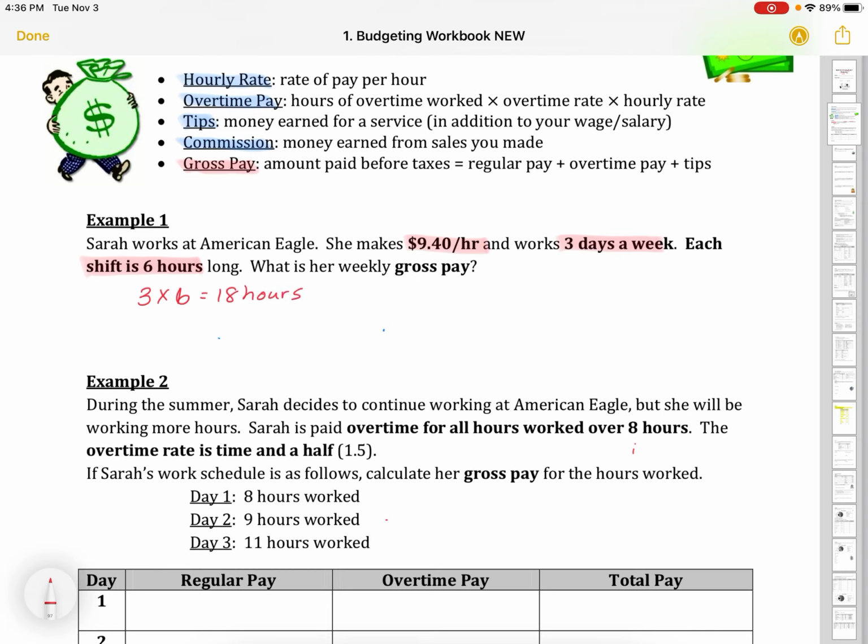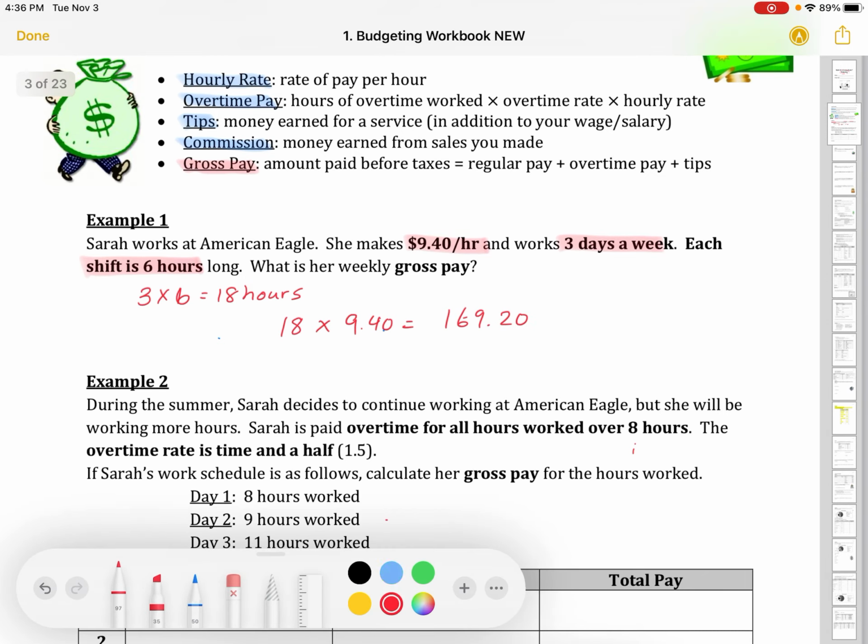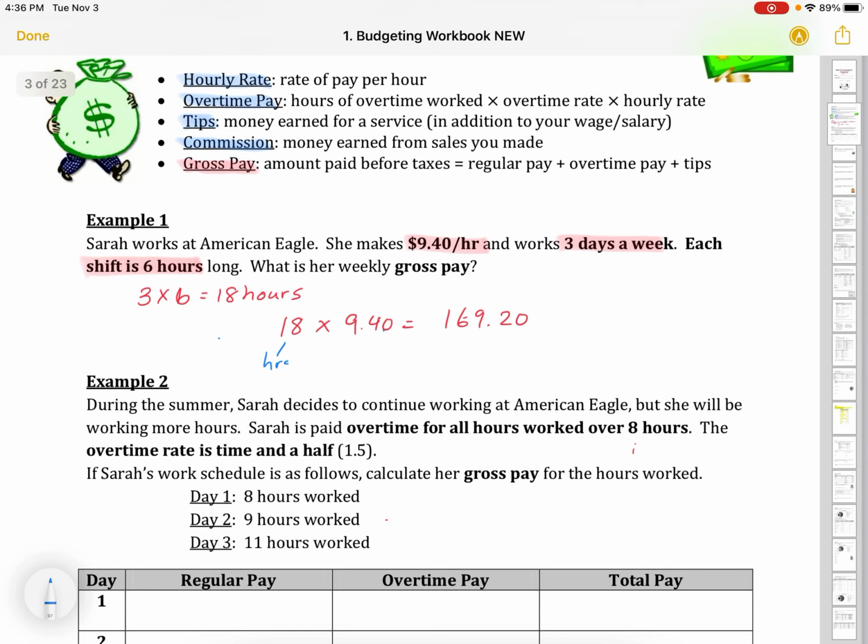Those 18 hours times that hourly wage will tell us her gross pay. So here we have her hours times her hourly rate, and that equals her gross pay.